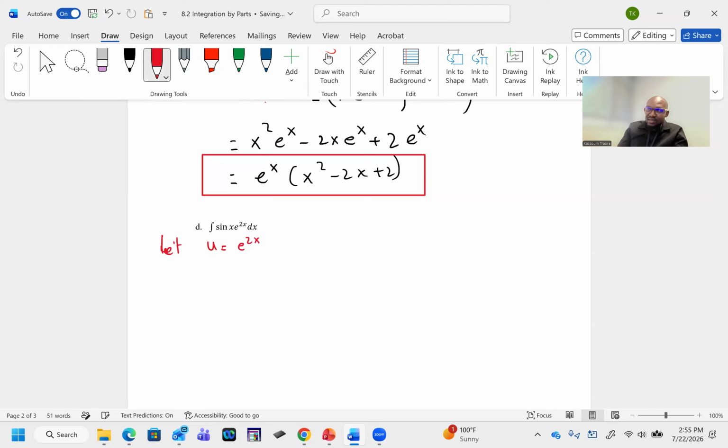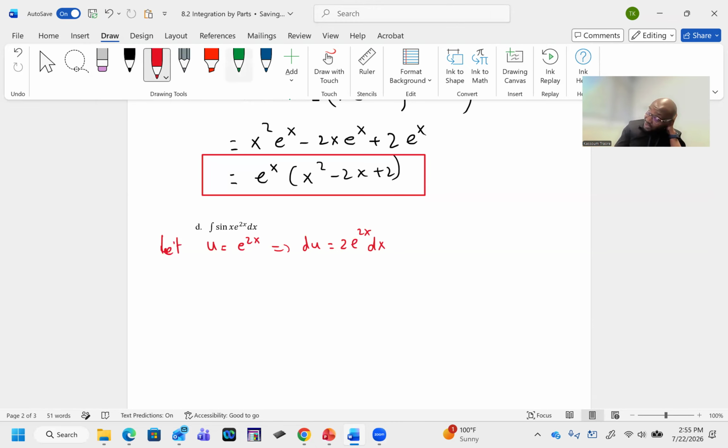Right? Then du will be 2 e to the power of 2x dx, right?